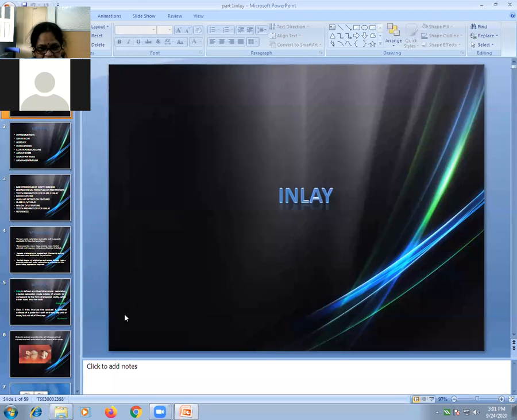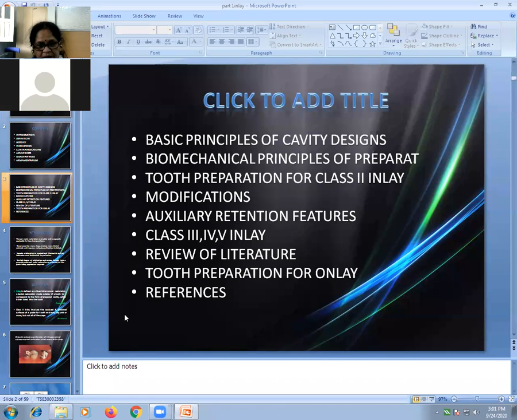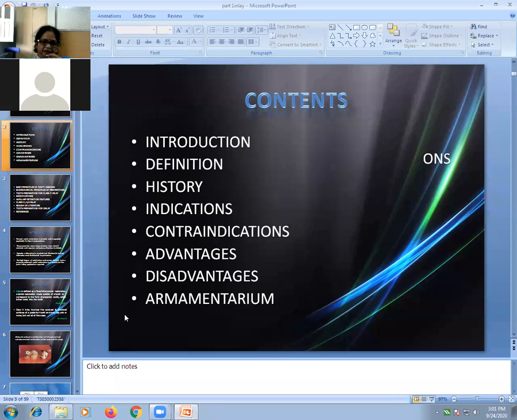As the name suggests, an inlay is a restoration which is fabricated outside and fits within the tooth surface. When you go for the inlay, that is a cast restoration, fabricated outside the oral cavity, then cemented in the prepared cavity.